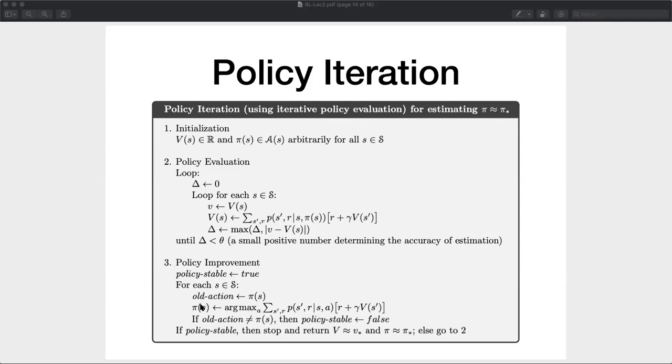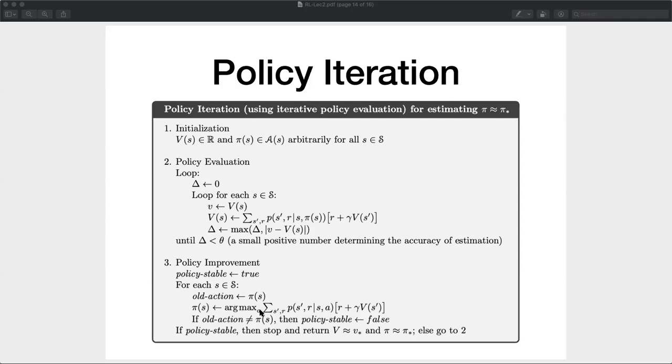So we update the policy. The policy for this state is now going to be this maximum action, this action that maximizes this, not the old action. And now you compare. Is the old action equal to the new action? If they are not equal, then the policy is not stable. It means you should change the policy.